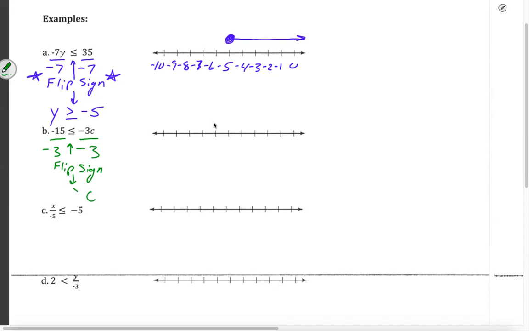I'm eating the C, so I'm going to flip my sign. Negative divided by negative is positive. So I have 0, 1, 2, 3, 4, 5, 6, 7, 8, 9, 10. It's going to be a closed circle. I'm no longer eating my C, so I shade to the left.